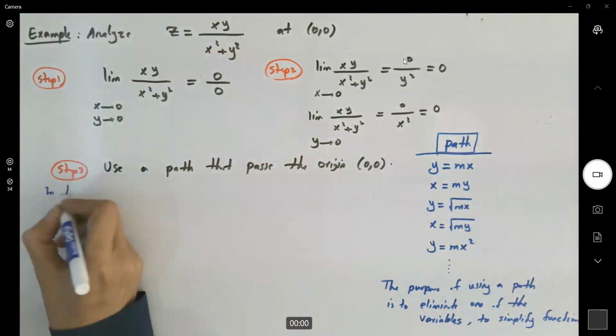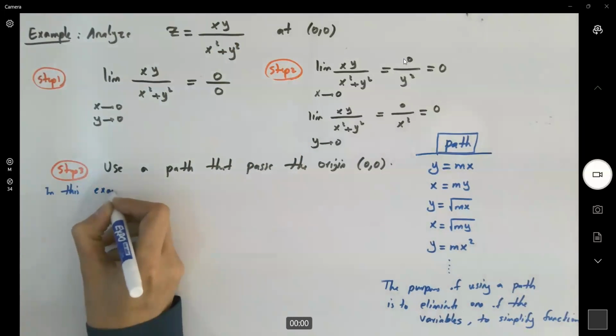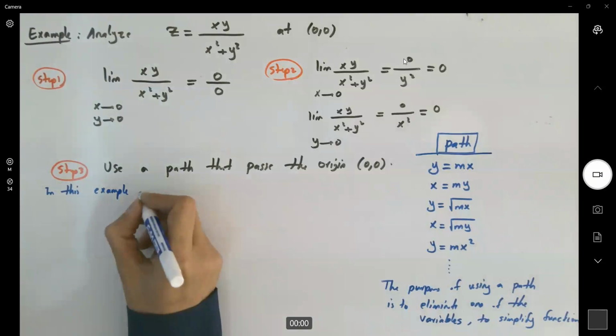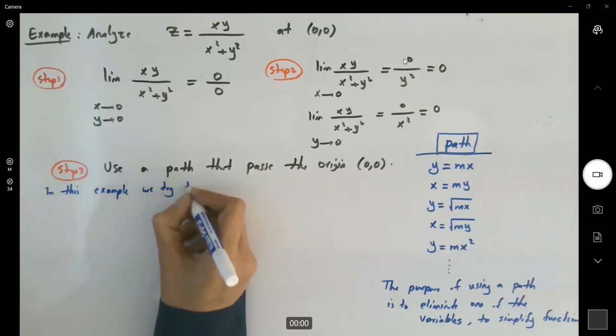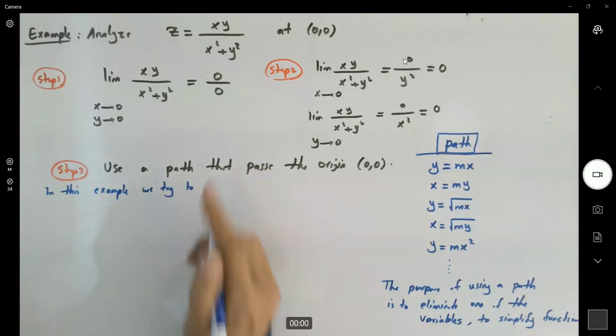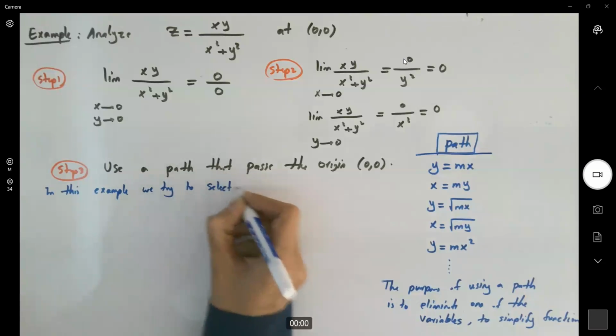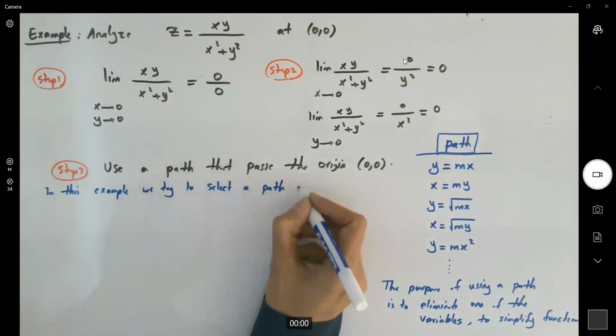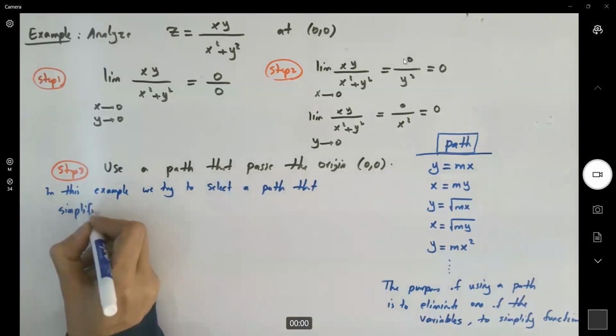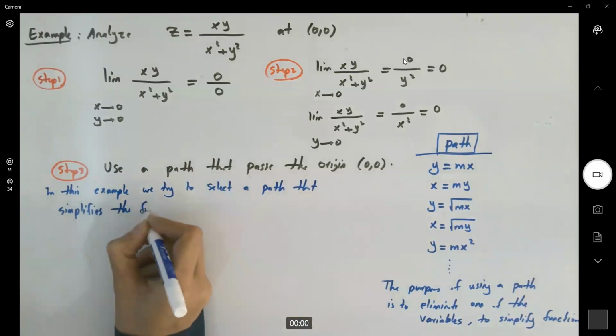In this example, by inspection, we try to select a path that simplifies the function.